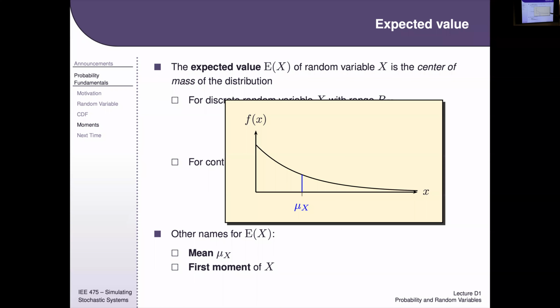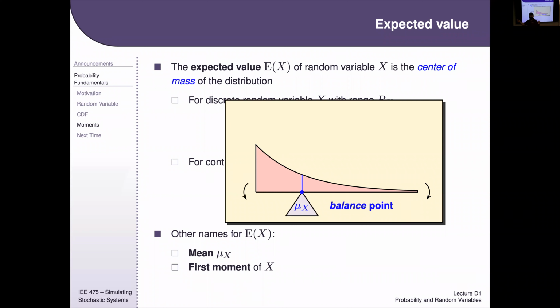Graphically, if I've got my probability density function, imagine a chunk of wood cut out in this shape, of uniform density. It's easier for me to think of a uniform density piece of wood cut into this shape. Then this point will be the point at which that object would balance.